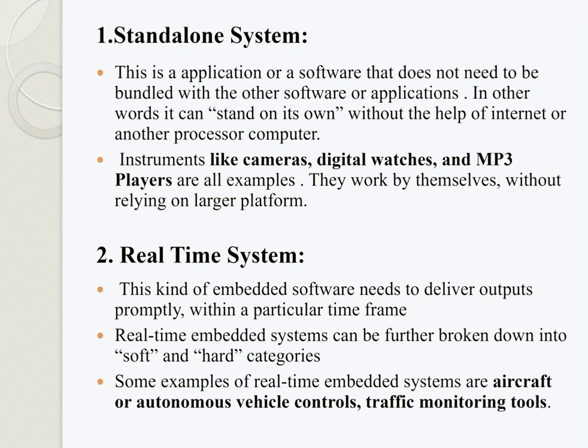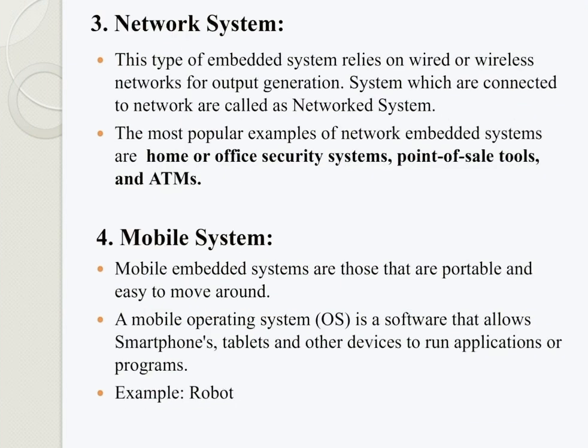Second one, real-time system. This kind of embedded software needs to deliver outputs promptly within a particular time frame. Real-time embedded systems can be further broken down into soft and hard categories. Some examples of real-time embedded systems are aircraft or autonomous vehicle controls and traffic monitoring tools. Third one, network system. This type of embedded system relies on wired or wireless networks for output generation.